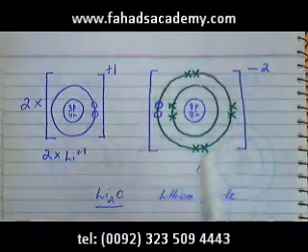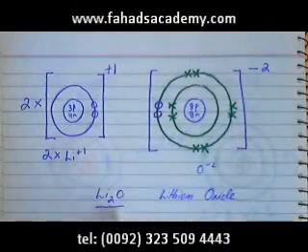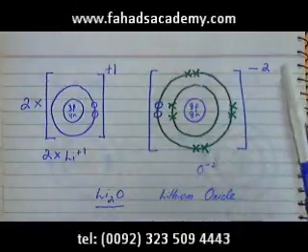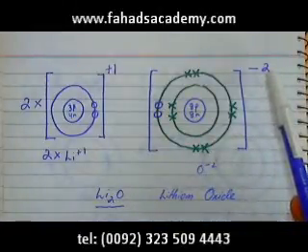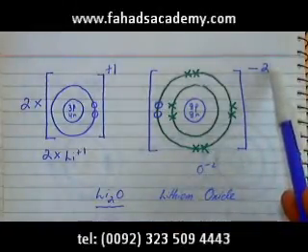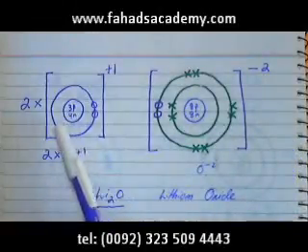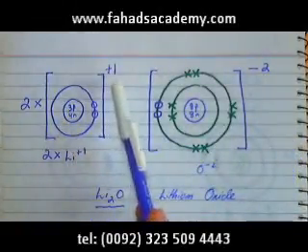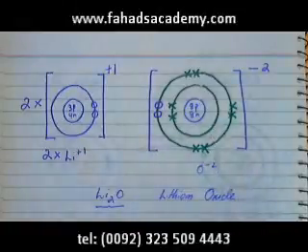So to figure out how many atoms there are, simply look at the charges. If it's -2, bring the 2 over here, multiply it, there should be 2 lithiums, and if the charge is 1, there should be 1 oxygen.